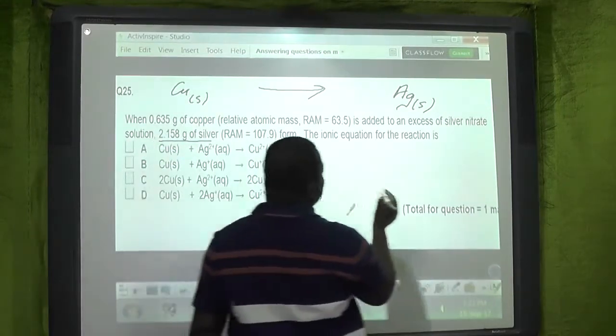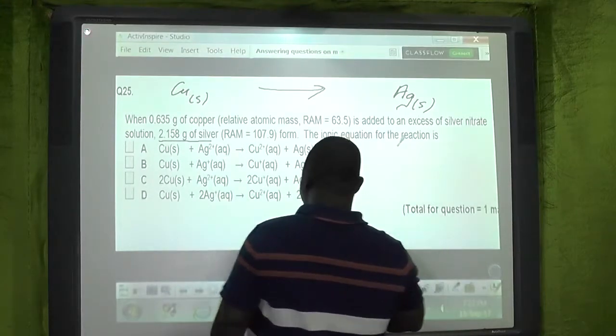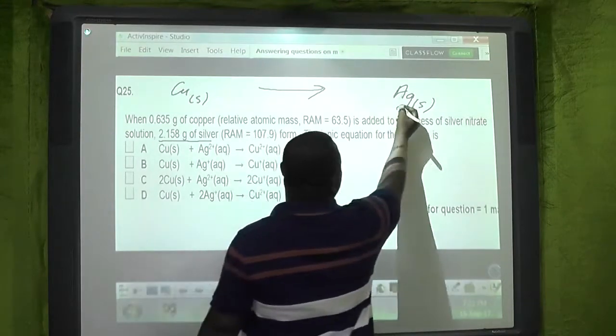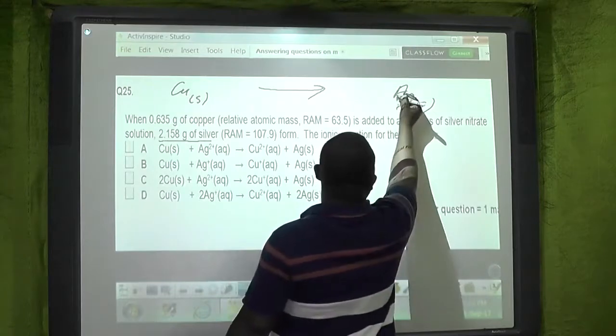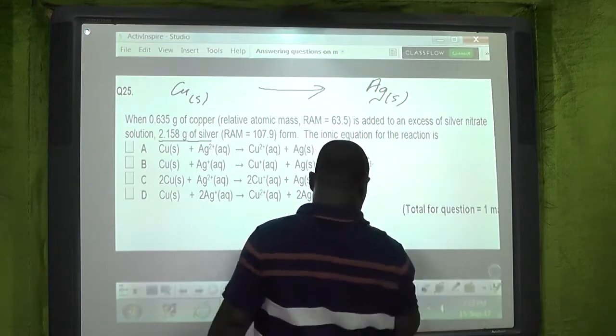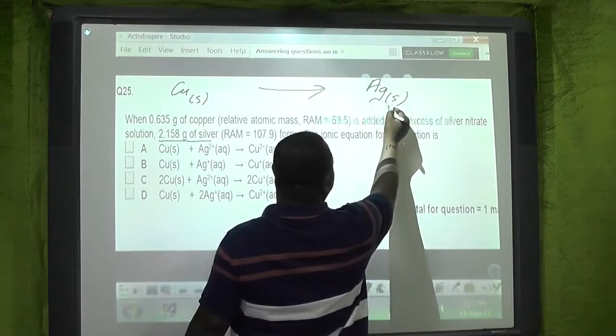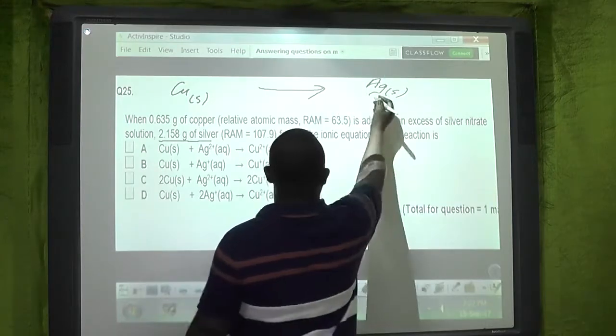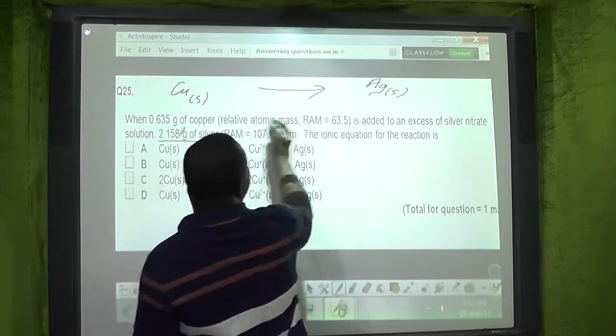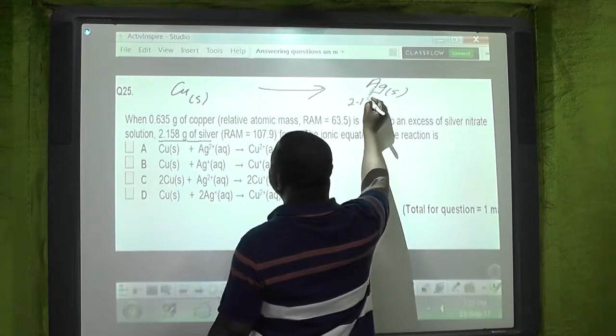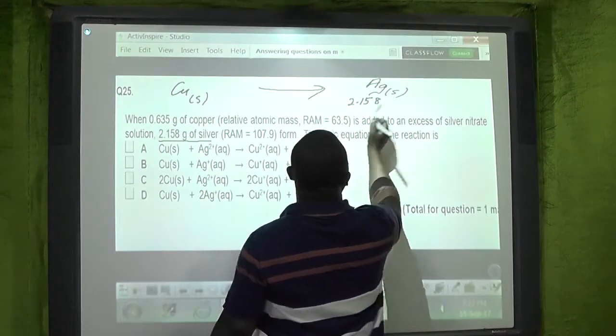We know the amount of silver that was produced, which is 2.158 grams.